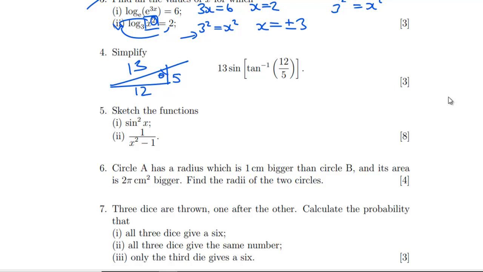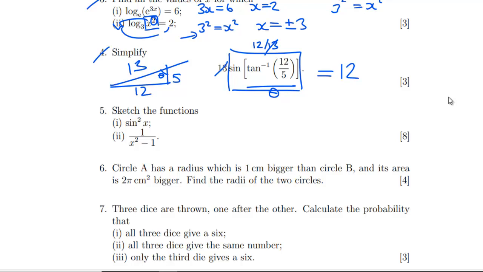So that's talking about that angle. So this bit here is just theta on our picture. Sine theta is opposite over hypotenuse. So that bit is going to be 12 over 13. And then we're multiplying it by 13, which is going to leave us 12.